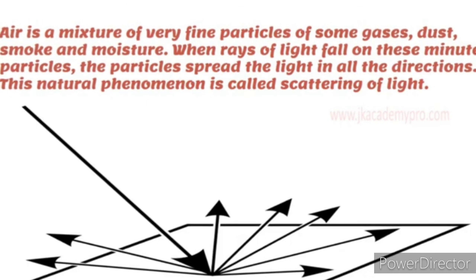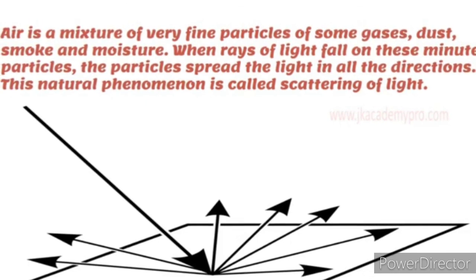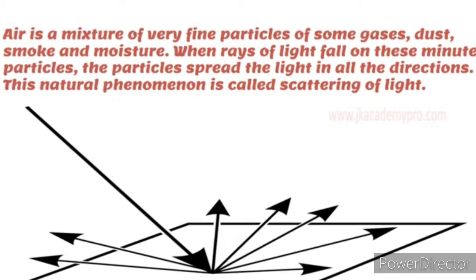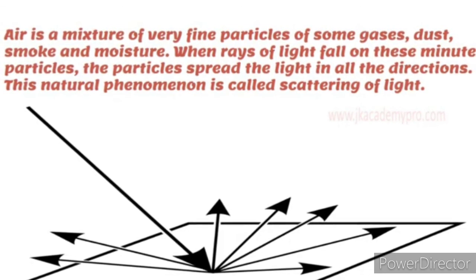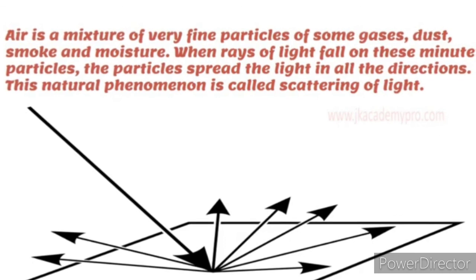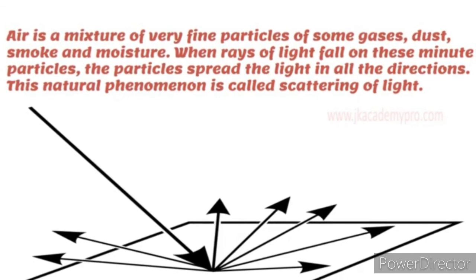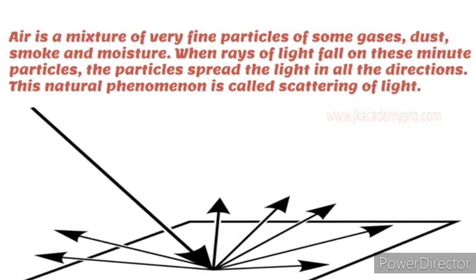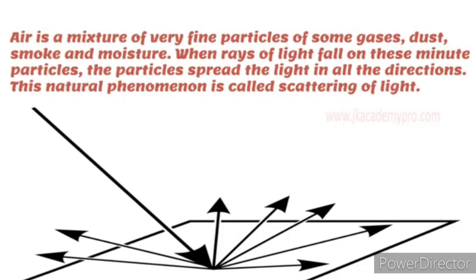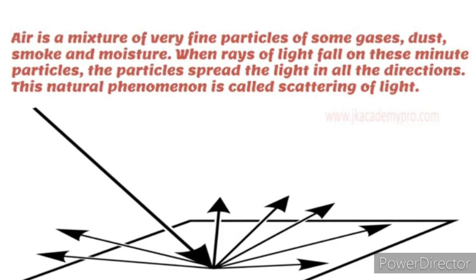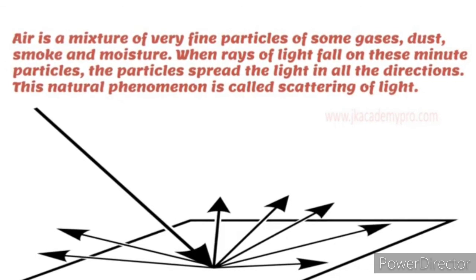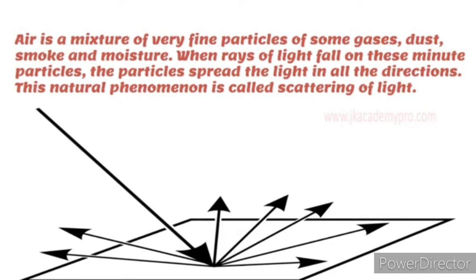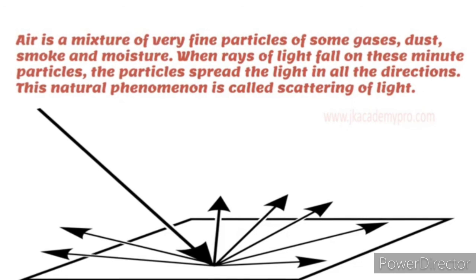You know the 7 colors of the rainbow; that is also an example of scattering of light. From one ray of light falling on an object, it reflects and becomes the 7 rainbow colors. In the picture you can see one ray falling on one place on the plane, and from that plane it scatters into 7 different directions, means 7 different colors. This phenomenon is called the scattering of light.